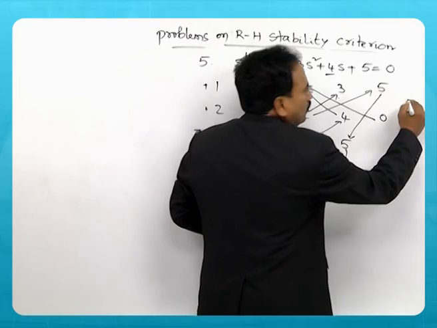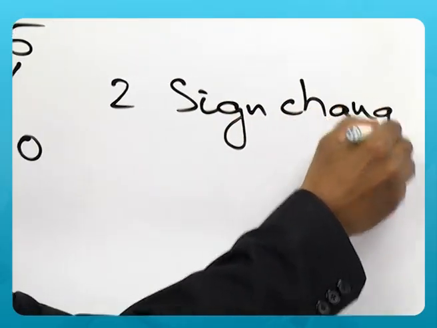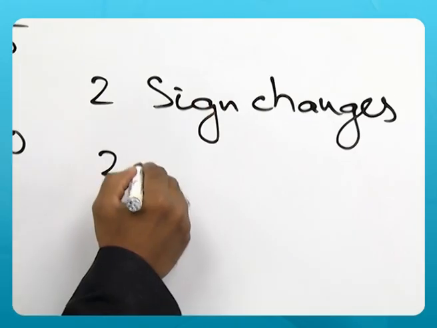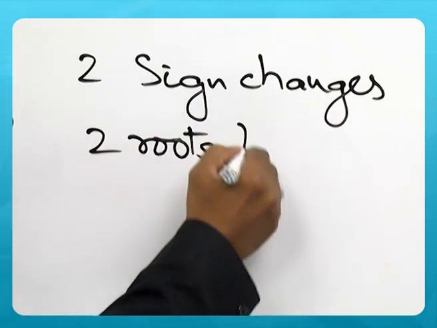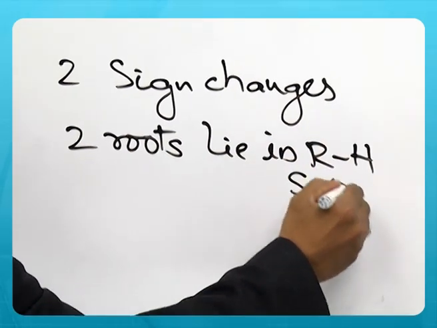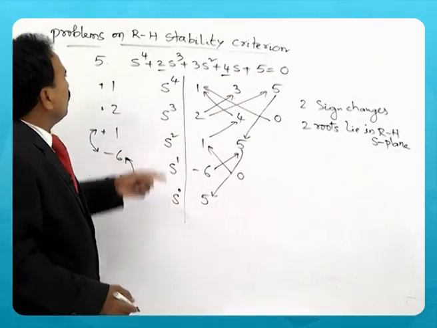Two sign changes in the first column indicate that two roots lie in the right half of the S-plane. Two roots or two poles out of fourth order.